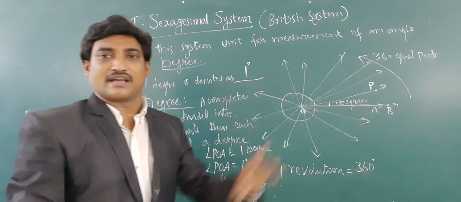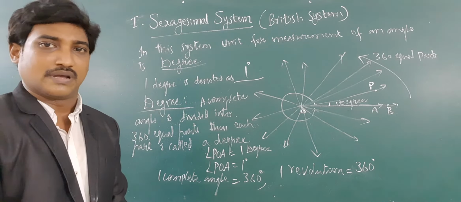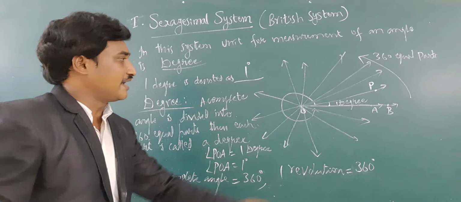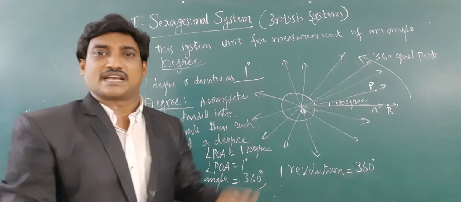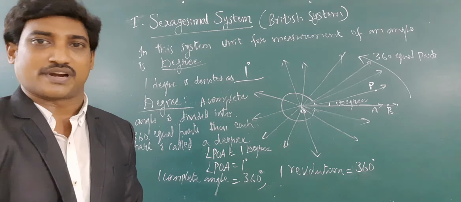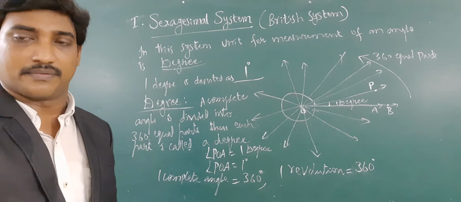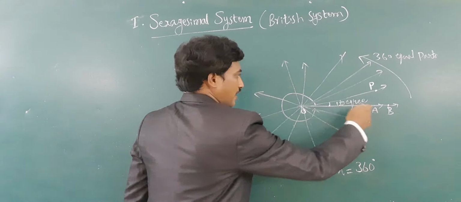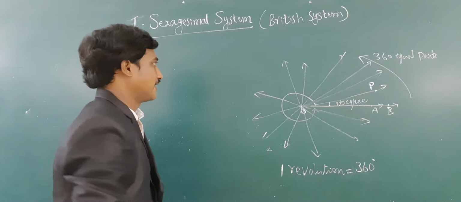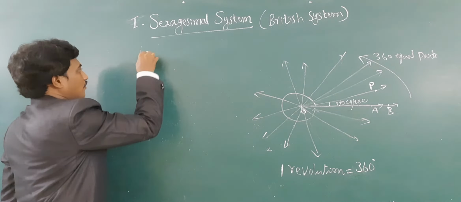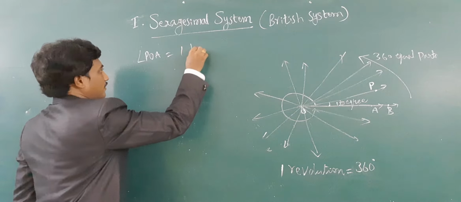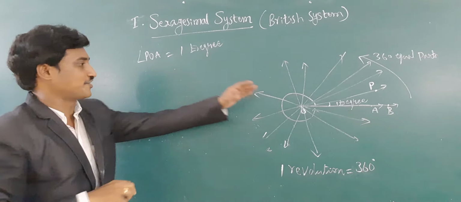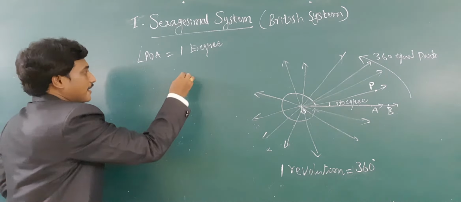Further, a degree can be divided into equal parts. A degree is divided into 60 equal parts and each part is called a minute. Here, angle POA is 1 degree. I am representing the POA here.